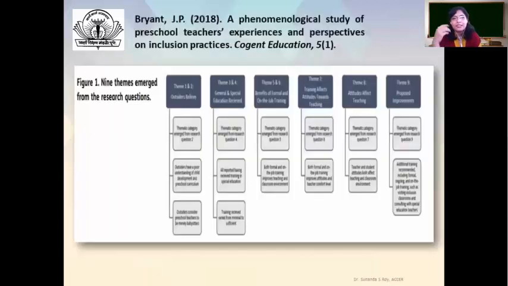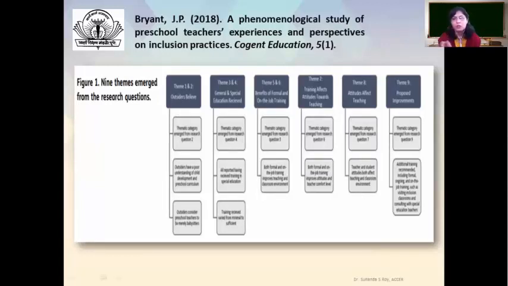I'm just giving you a screenshot from a research paper which was done by Bryant, a phenomenological study of preschool teachers' experiences and perspectives on inclusive practices. If you see the diagram, I'm not going to go into the nitty-gritty of the content.